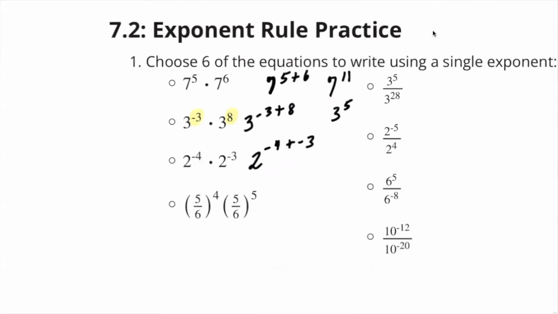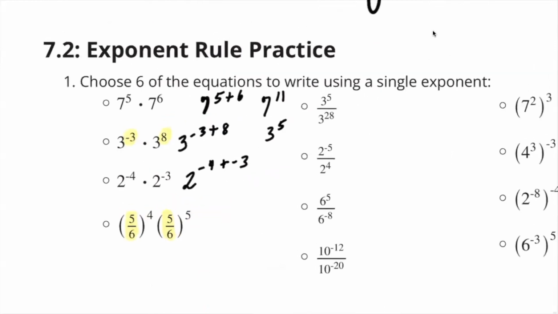This one tends to trip students up because they don't recognize that these are the same base. You don't have to distribute the powers here. You don't have to distribute the 4 to the numerator and the denominator. Technically, that's allowed. It would create an equivalent expression, but that's not what they're looking for here. So the goal is to write this using a single exponent. So that's our direction, a single exponent.